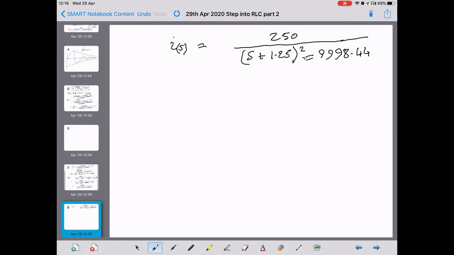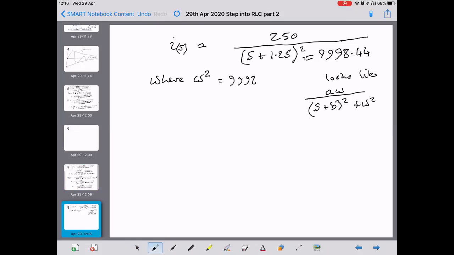So that's I of S is equal to, where omega squared is equal to, because this looks like I omega over S plus B squared plus omega squared. So omega squared is 9998.44. S plus B, B is equal to 1.25.